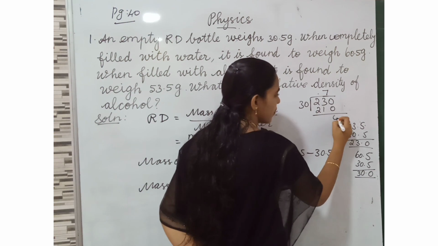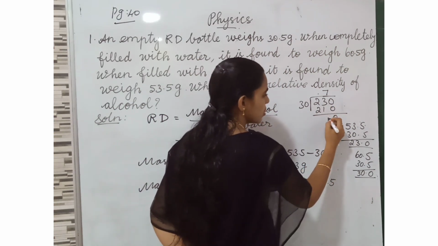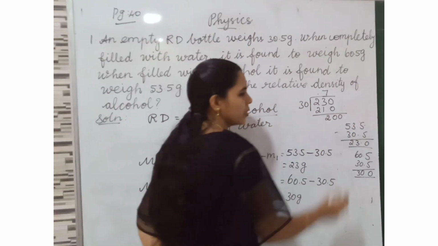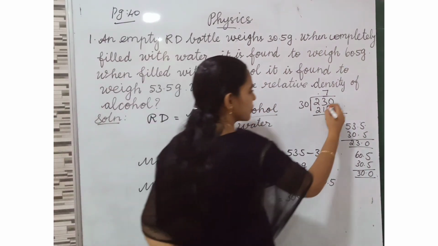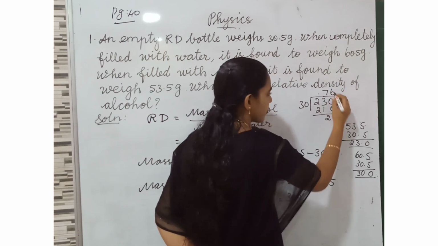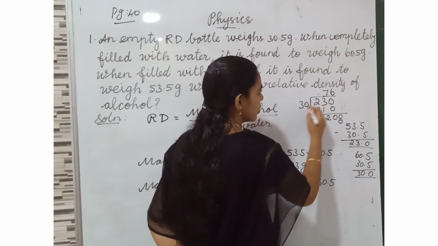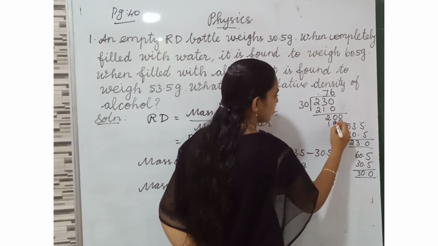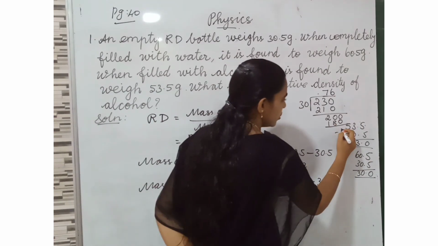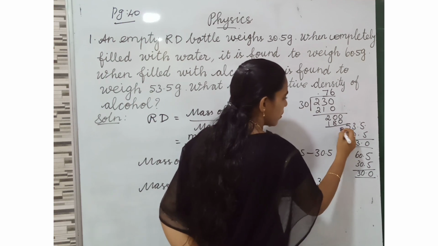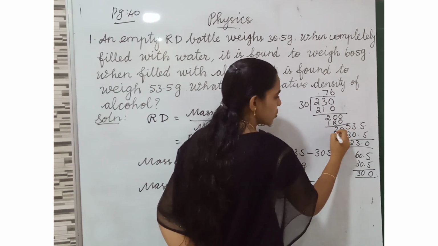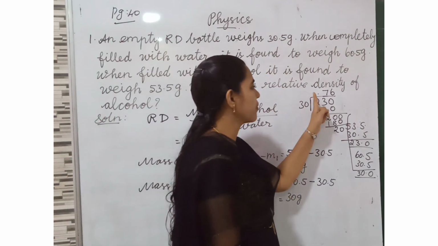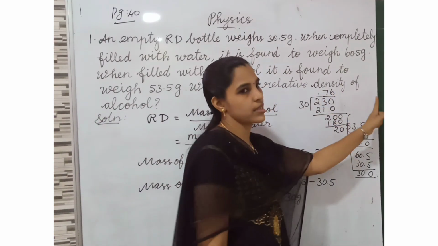Again, we have to subtract this number. Then, which number we have to write here? 6. 3 sixes are 18. So this number will go 0.7666 and so on.